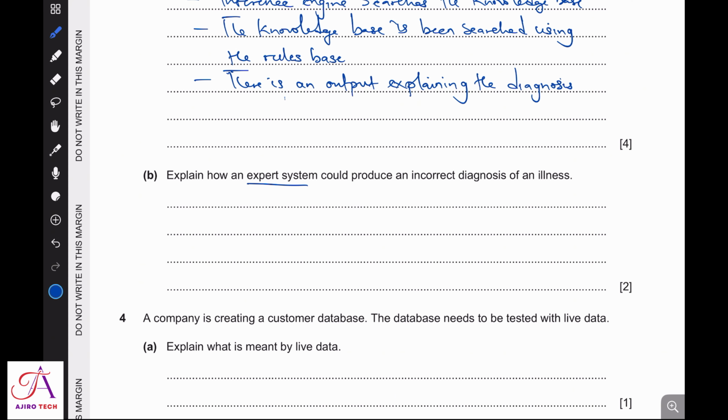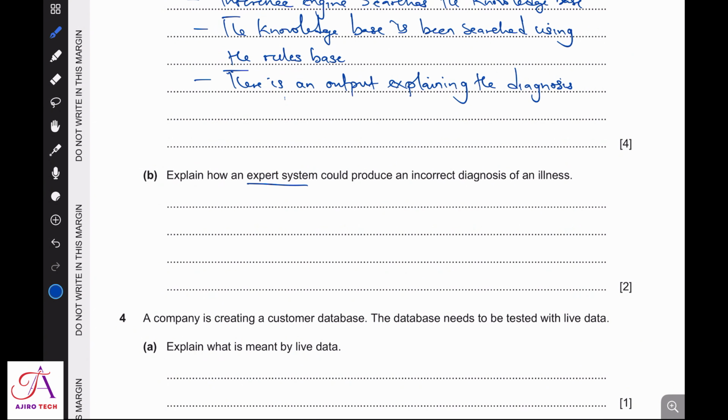One of the disadvantages is that, apart from setup and maintenance costs being very high, they are only as good as the information entered into the system. So if the information entered into the system is wrong, you bet it's going to be wrong. There's no two ways about it.